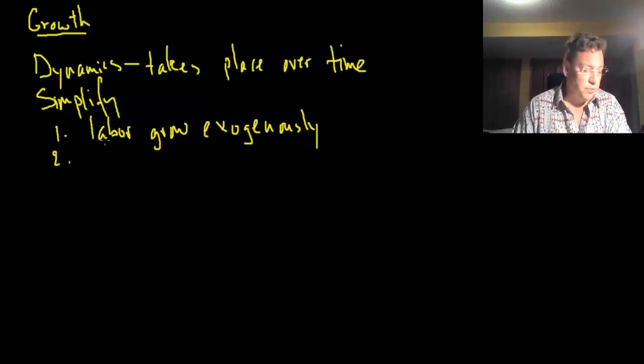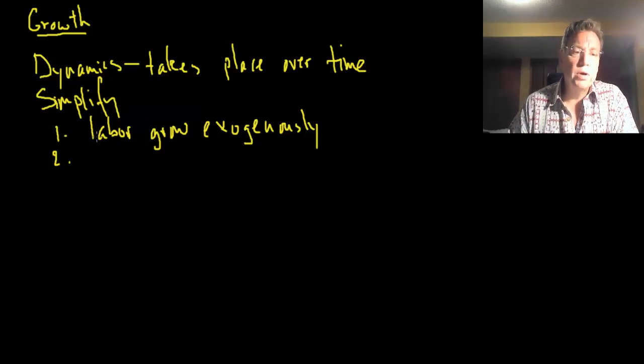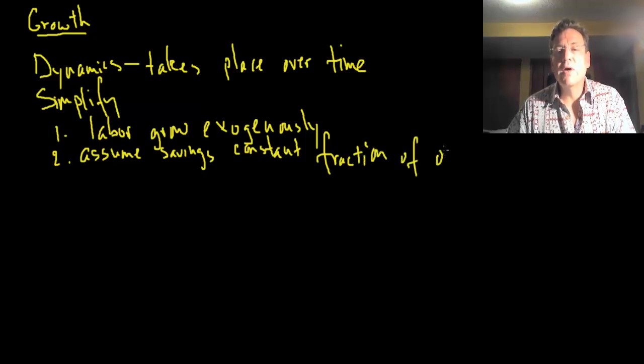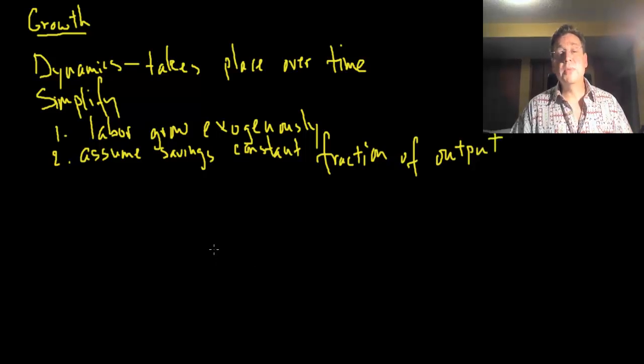A second simplification is that we are going to assume that savings is just a constant fraction of output. So no one's going to be making an optimal savings decision.